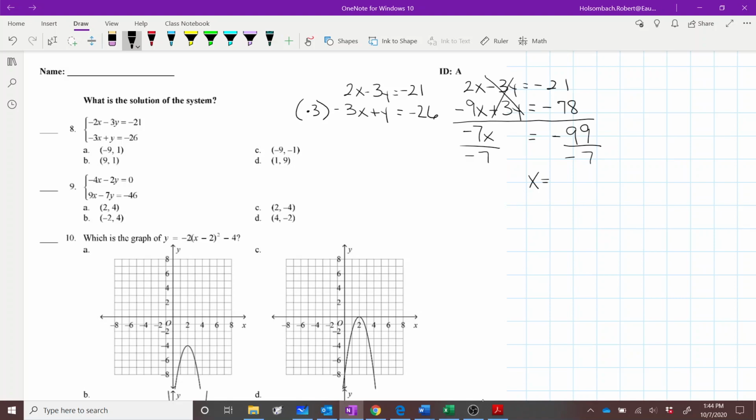And let's see what happened here. 2x minus 3y equals negative 21. 3x plus y equals negative 26. 3 times 3 is 9. 3 times 26. That's 78.